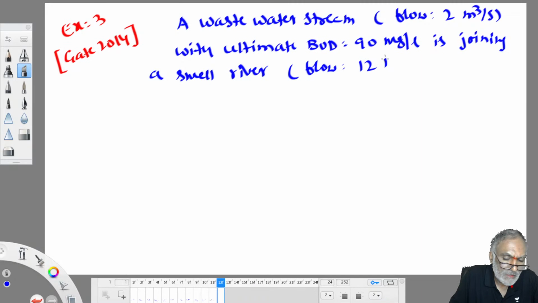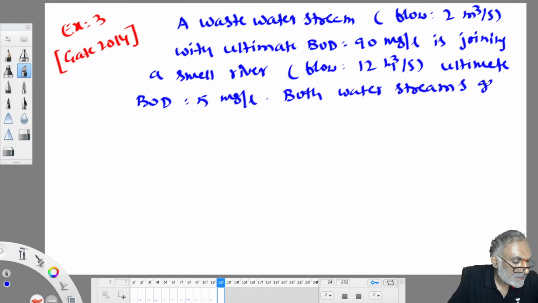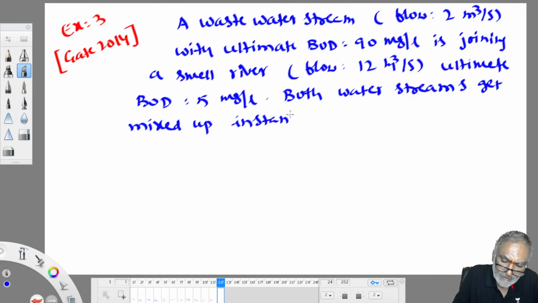Flow is equal to 12 meter cube per second. Ultimate BOD is equal to 5 milligram per liter. Both water streams, that means wastewater and river water, get mixed up instantaneously.